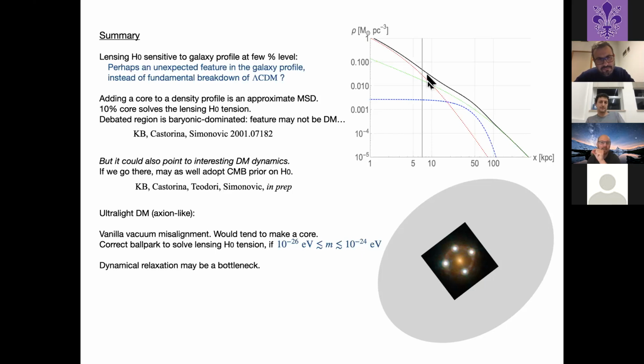And within these profiles, I think it's remarkable with the data that we have of the kinematics, that we can effectively distinguish a 5% shift in this profile, which is really little.